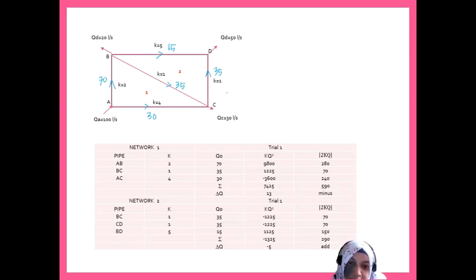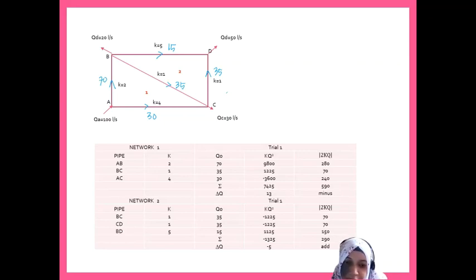Okay, and delta Q is the value of sigma KQ squared over sigma 2 times K times absolute Q. So the value of delta Q is 13. And in network 2, delta Q is negative 5.